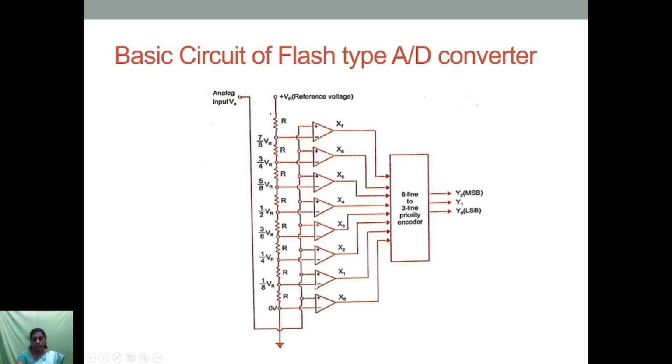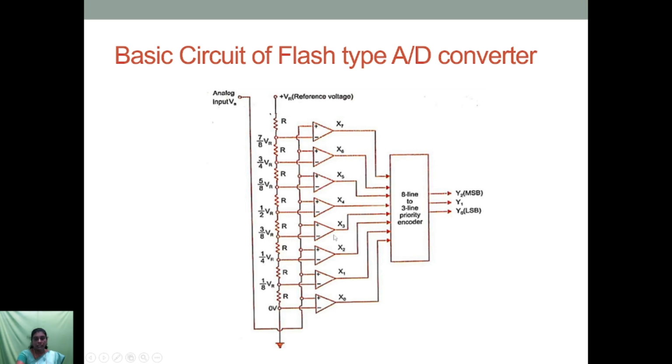So assume that the input voltage is greater than 1/8 VR, so this positive terminal has a higher value compared to the negative terminal. So x1 is set as 1, and x0 is also set as 1.